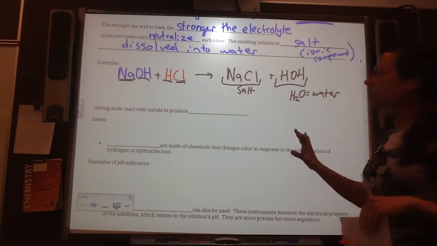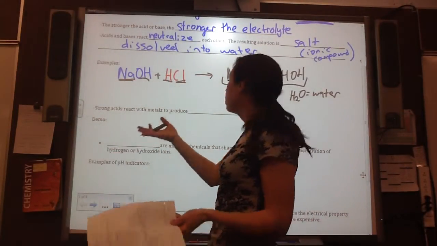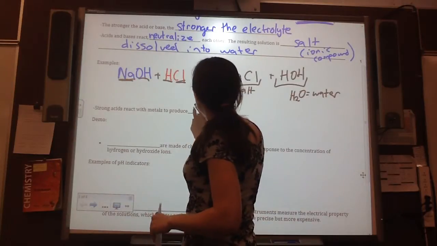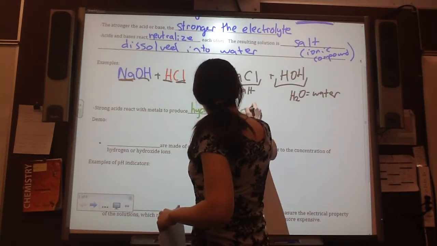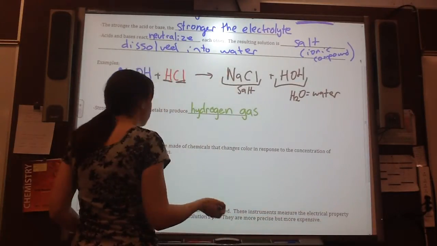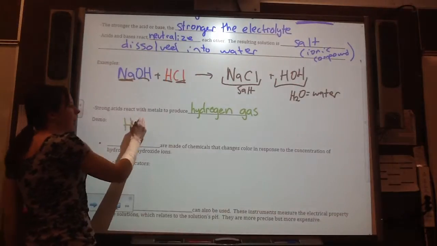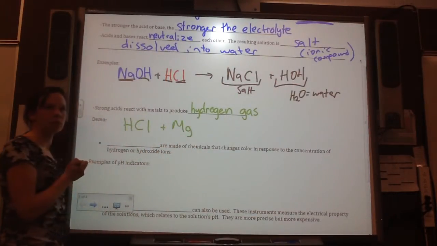Okay, so the answer here is strong acids, and apparently lots of other acids, just acids, react with metal to produce hydrogen gas. So what happens is you have HCl, and we added magnesium solid to it.